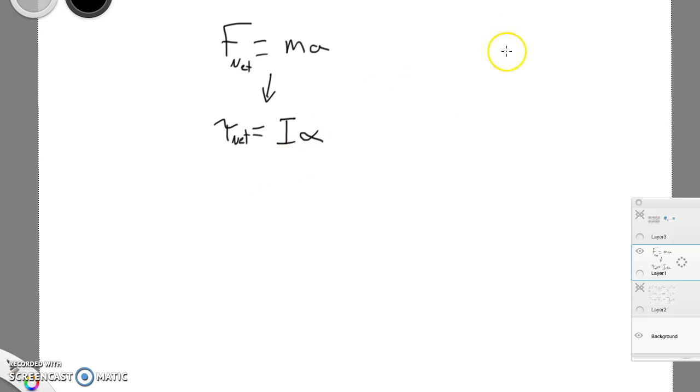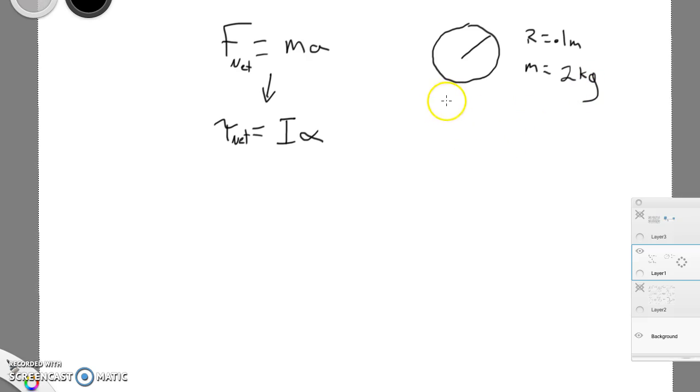Let's say that we have a uniform disk with a radius of 0.1 meters and a mass of 2 kilograms.